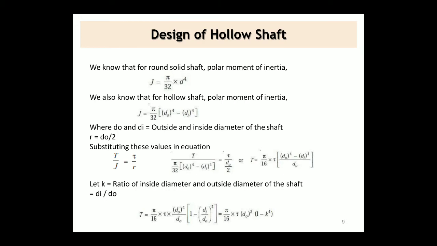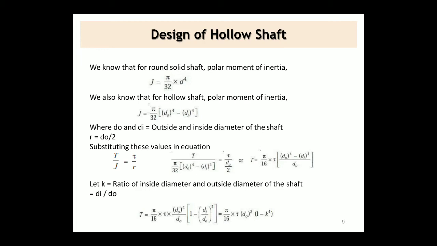In case of solid shaft, shear stress induced in the material near the center is very less, and hence the strength of material near the center is not properly utilized. While in case of hollow shaft, there is a better utilization of strength of material, hence hollow circular cross section is economical as compared to that of solid circular cross section. A hollow shaft is also lighter in weight as compared to solid shaft.